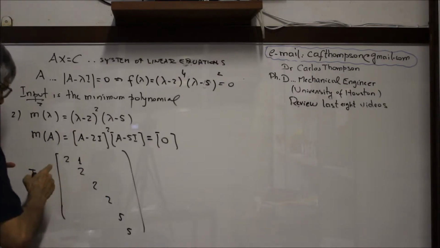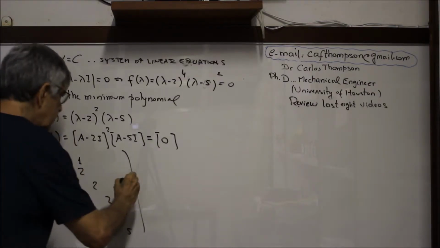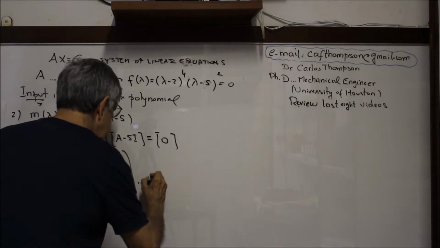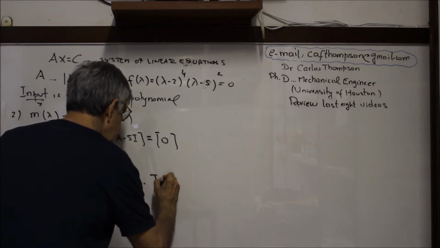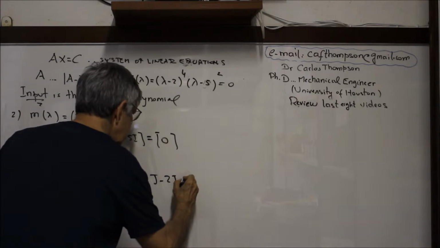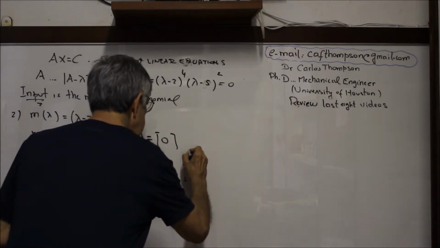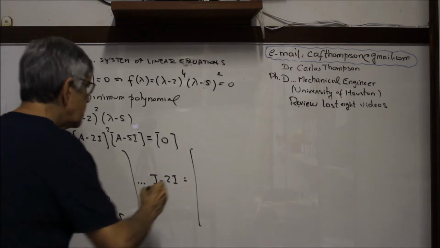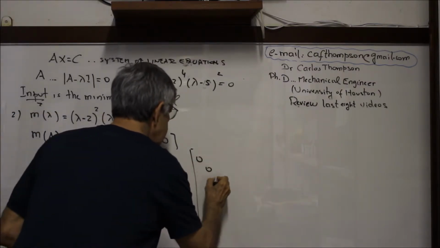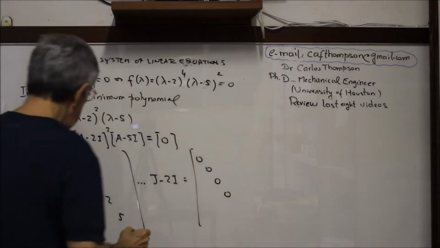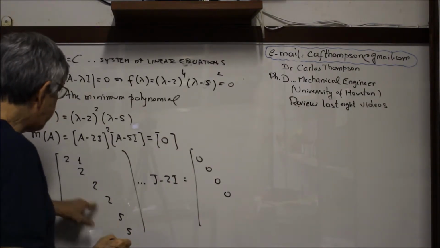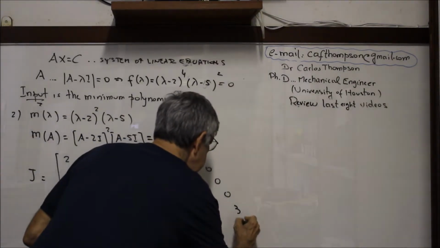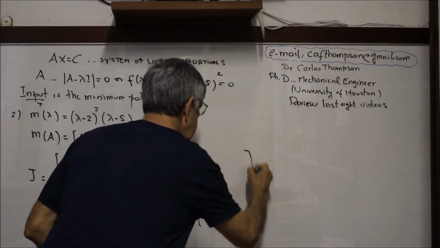If I put 1 over here and I do like this, J minus 2I is equal to this. Look the idea. This will be 0, 0, 0, 0, 0, and this will be 5 minus 2, which is 3 and 3.